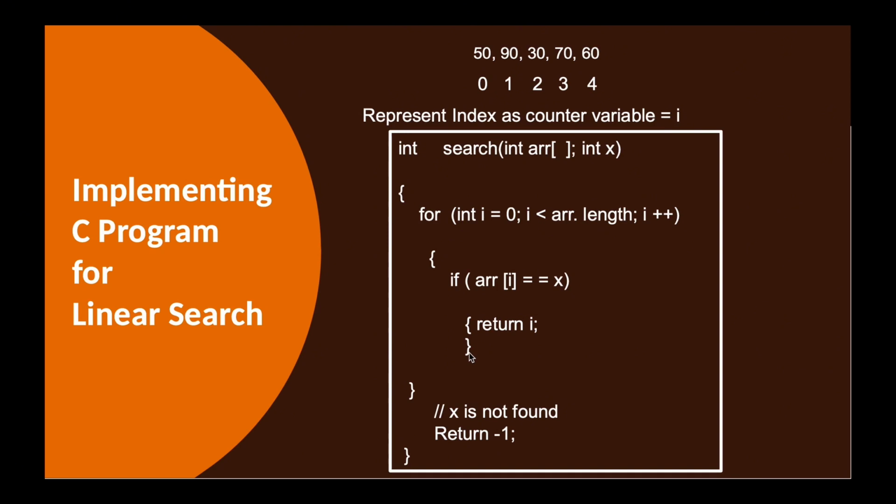But in the case that you are not able to find your search key in this array, then you have to open another part, which is this. Here you are telling the system that if I start my search from index 0 straight to 4, and I'm not able to locate my element, then return a message that X is not found. So it means return -1.